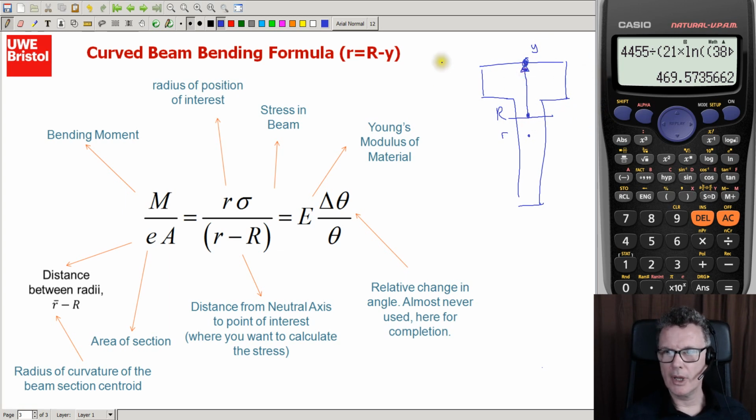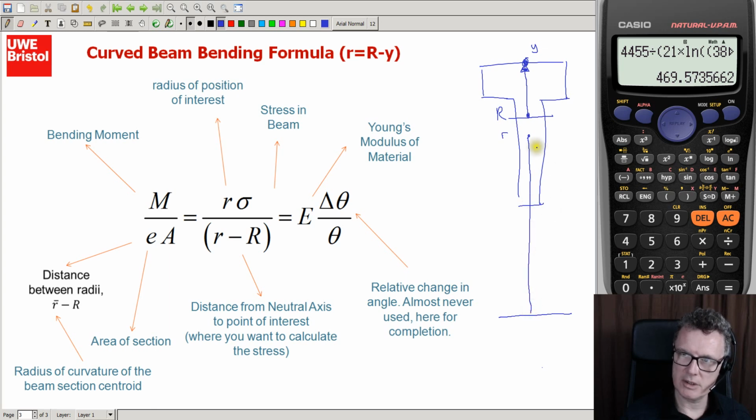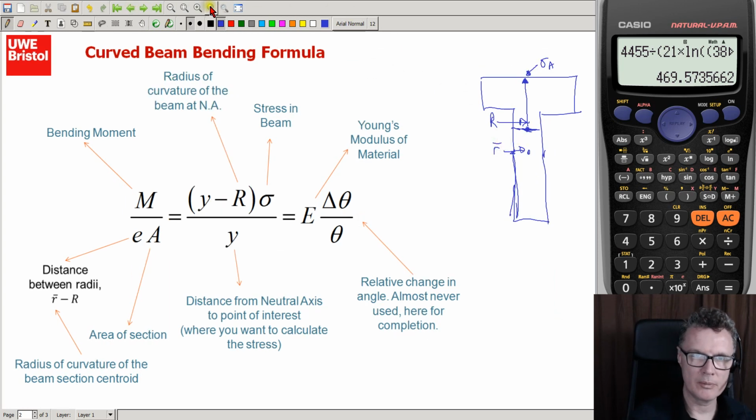Right, now you can also say that your radius, which will be the distance, got to remember these centroids are being measured from here to here, wherever it's curving around. So we could say that if we take, okay, so that's R bar, sorry, should correct that, R bar.